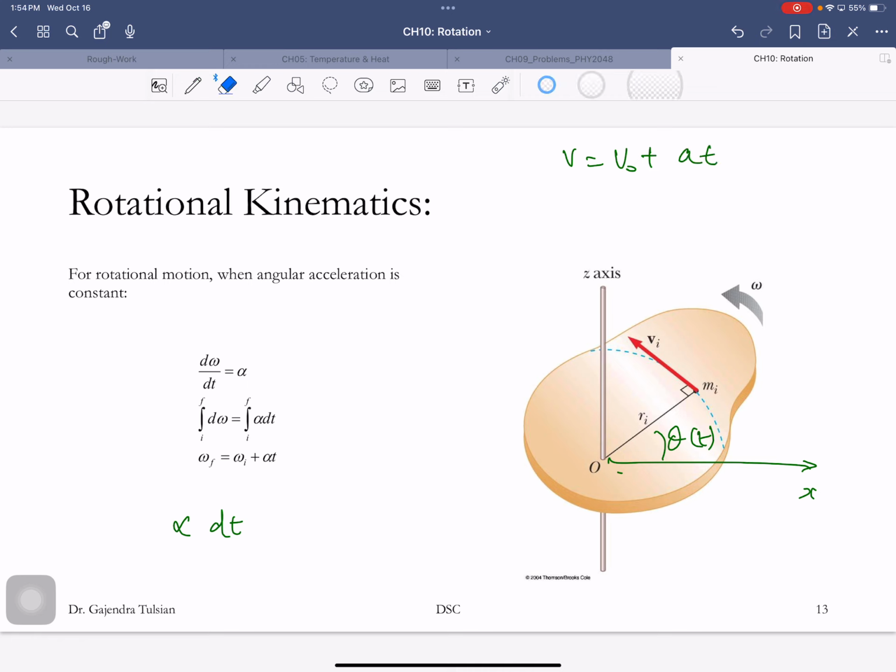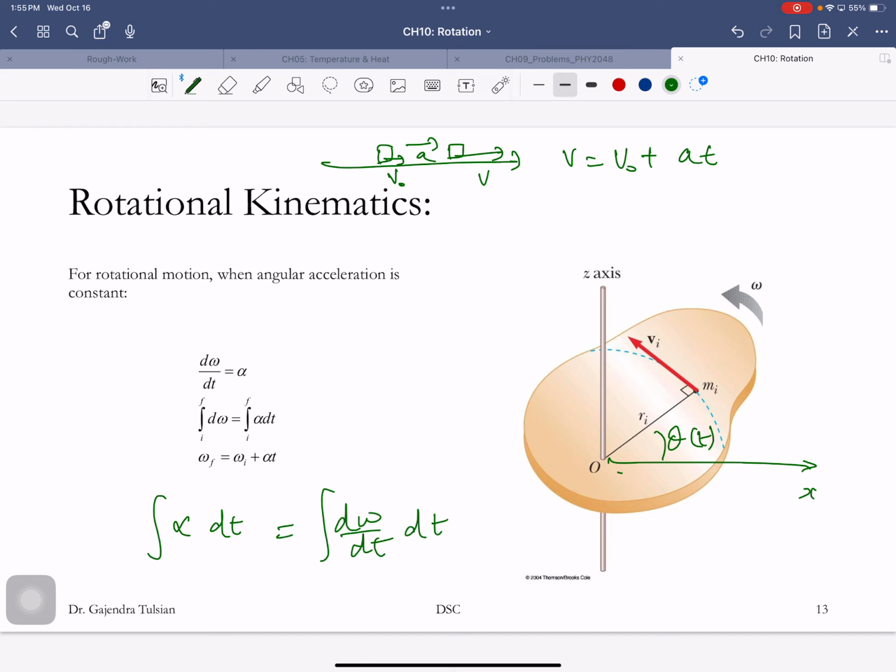For one-dimensional motion, this equation gives you final velocity in terms of initial velocity and acceleration: final velocity was initial velocity plus acceleration times time. So this gave you velocity as a function of time. We're going to do the same thing for rotational motion. Alpha dt equals d omega, integrated from t initial to t final.